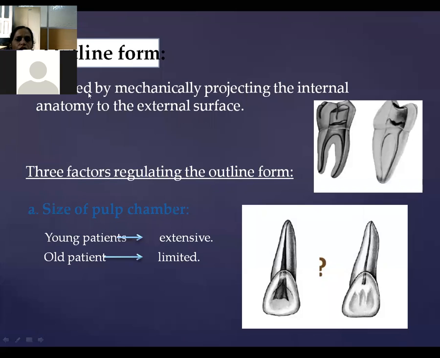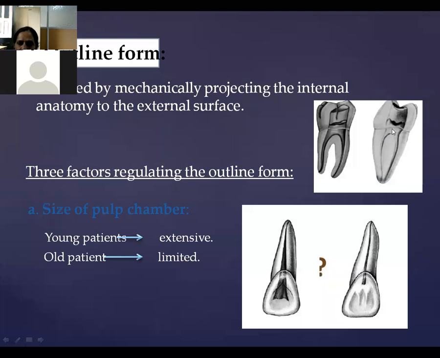Just now I told you outline form. Okay, so this outline form, what is this? This is the outline form. See, the outline is similar to the external surface of the tooth. Means like in the cusp area, the pulp chamber will have a projection, isn't it? All of you know this.